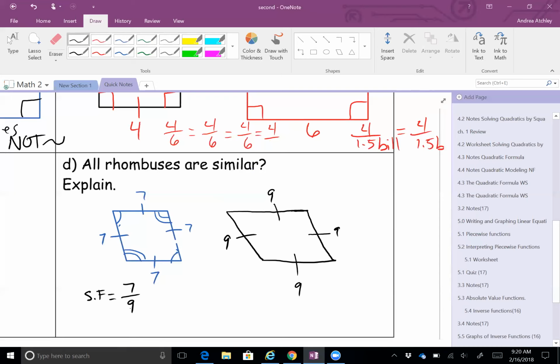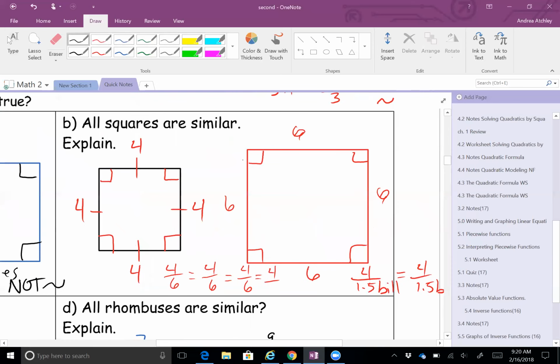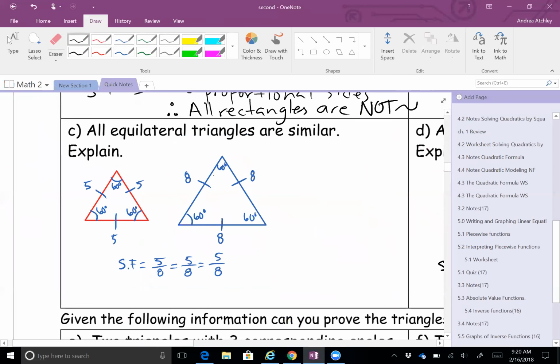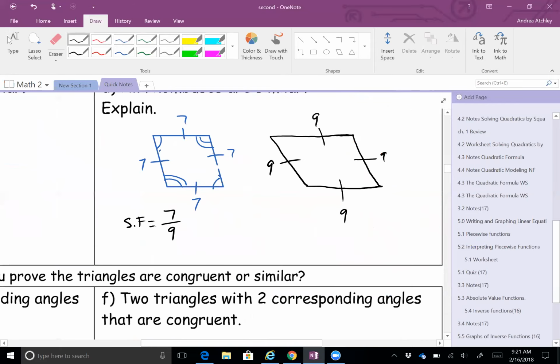Okay, are those angles congruent necessarily? Does this angle equal this angle here? I don't know. It doesn't look like it, but it's not for sure. So I haven't told you that. I don't know the measure of that angle. With the square, I knew that those angles were both 90 degrees. With the equilateral triangle, I knew that those angles were both 60 degrees. With this one, I don't know what the measure of the angles are, so I can't say.